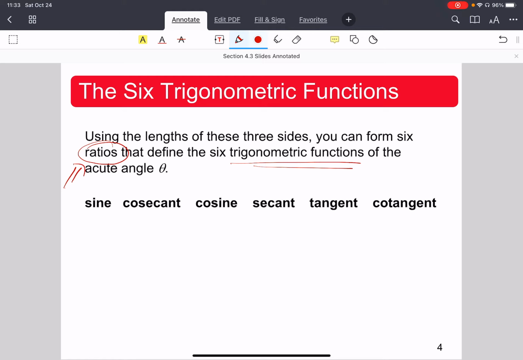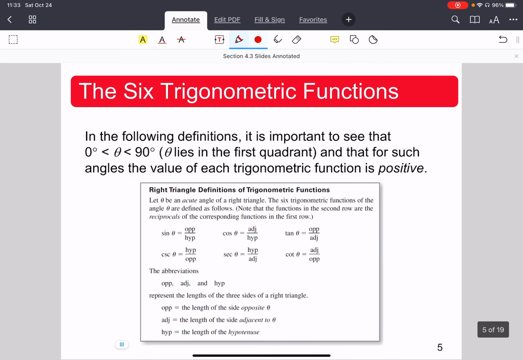The way we're going to form all these functions is as follows. For an angle between 0 and 90 degrees, that's what acute angle means, theta is always in the first quadrant, and for such angles the value of each trig function is always positive.